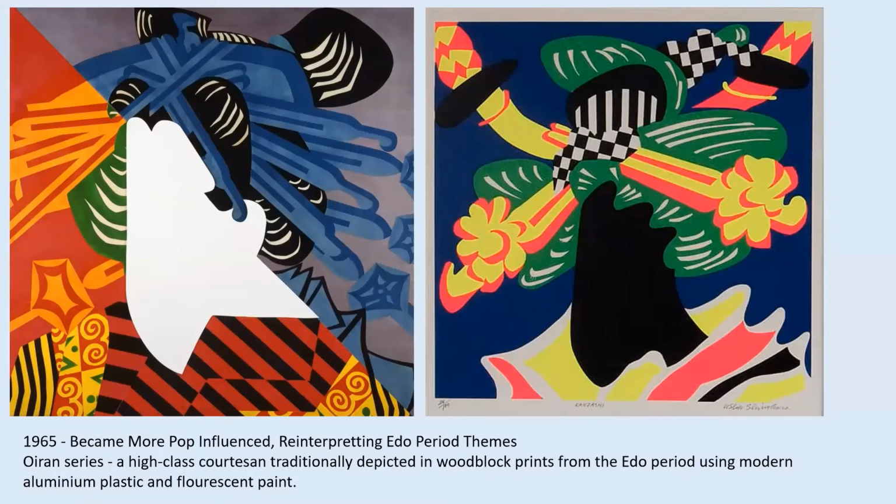And he reinvented this in this pop way. He decided he was going to take this idea of the beautiful courtesan and paint her on aluminium sheeting using car paint and fluorescent paint, and it's going to be rough, and modern, and messy and garish and really bright.